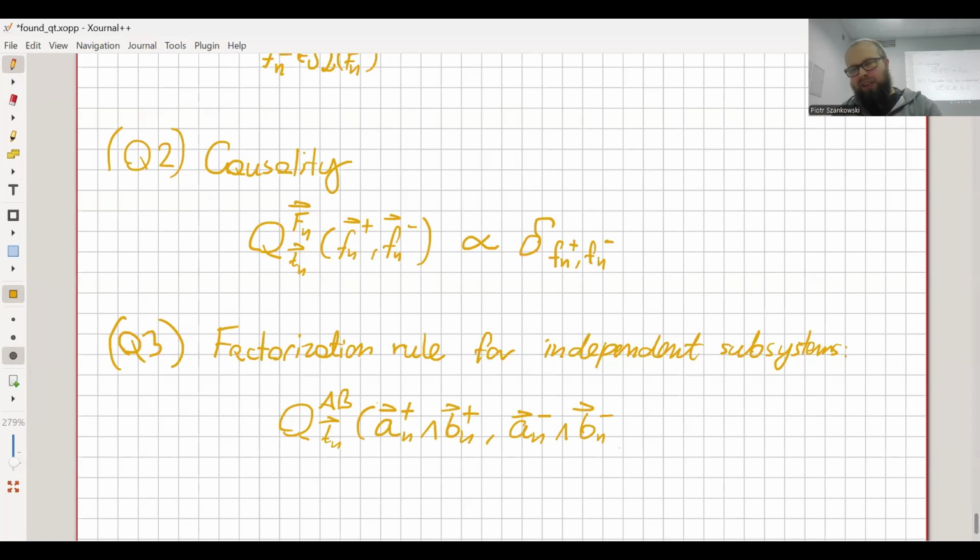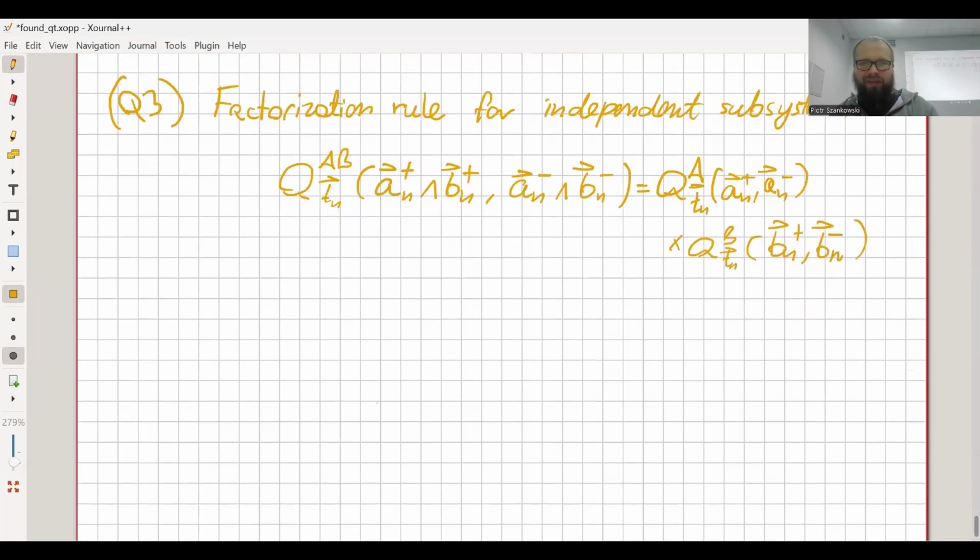I guess this should be a property: Q of A, An plus, An minus, times Q of B, Bn plus, Bn minus. So, factorization rule.